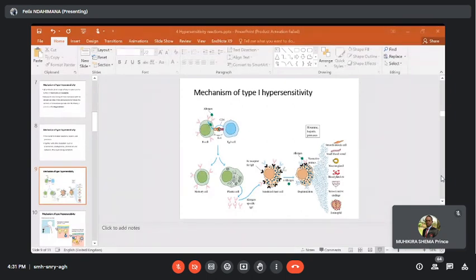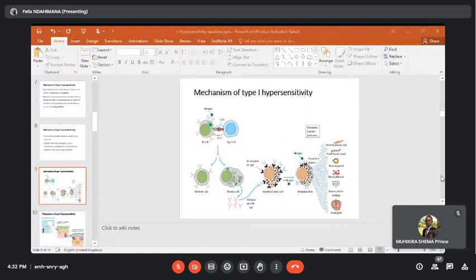So for the first exposure, there will be no problem. We will have some mast cells and basophils that are sensitized but did not degranulate, or burst. So for the second exposure, if you are exposed again to an allergen, mast cells and basophils are already sensitized.